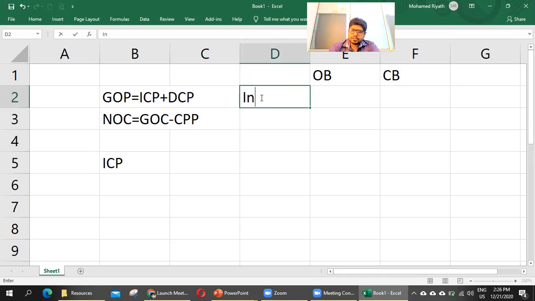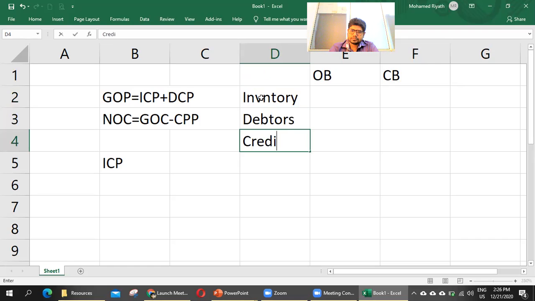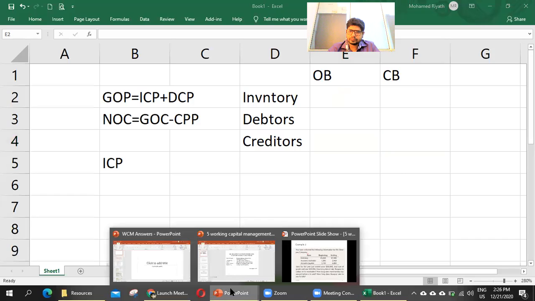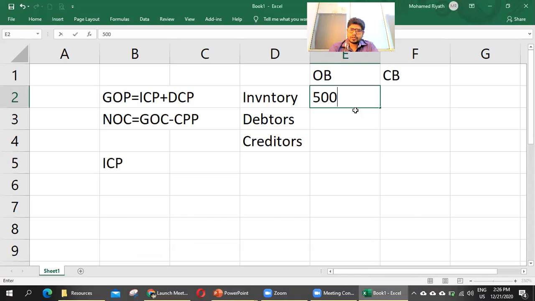First inventory, debtors and creditors. Opening balance of inventory, how much? 5,000. And closing balance? 7,000. And debtors?